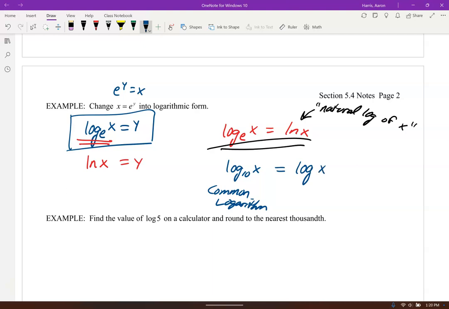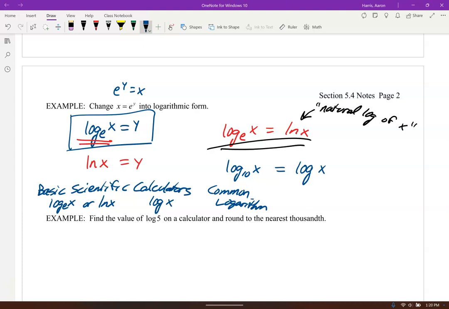So if they don't write the base, it's base 10. And most basic scientific calculators can do log base e or the ln. They have that button on there, and they also have just a basic log button, which is log base 10, right? So they can do those two.